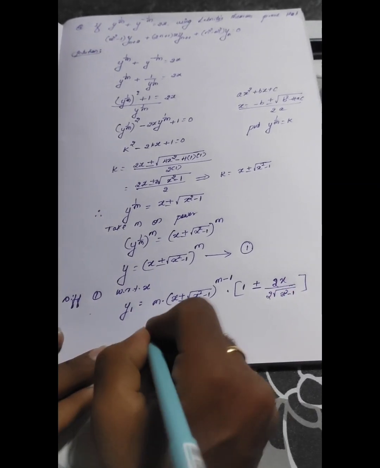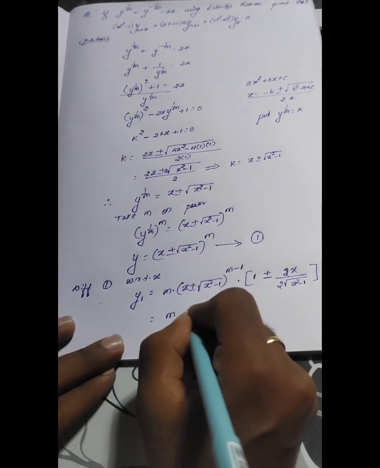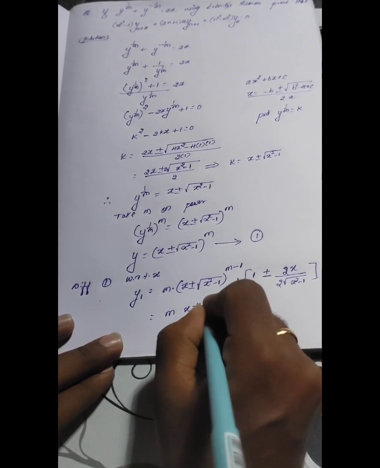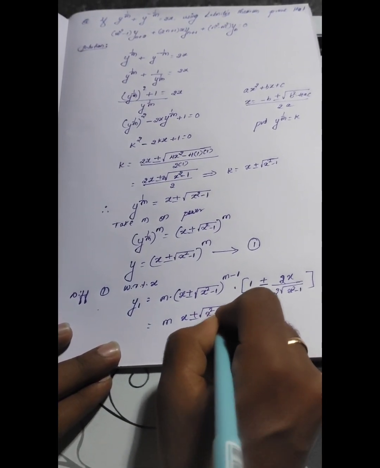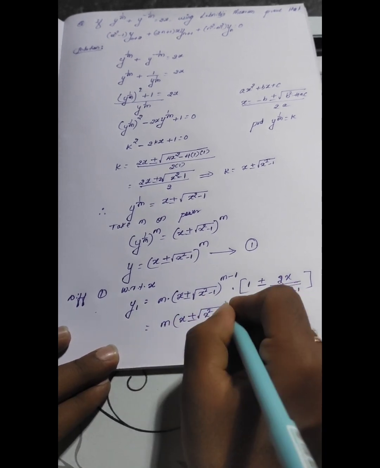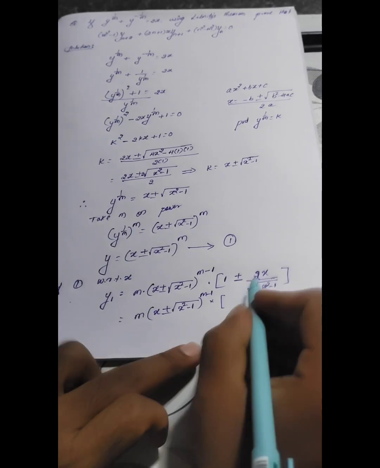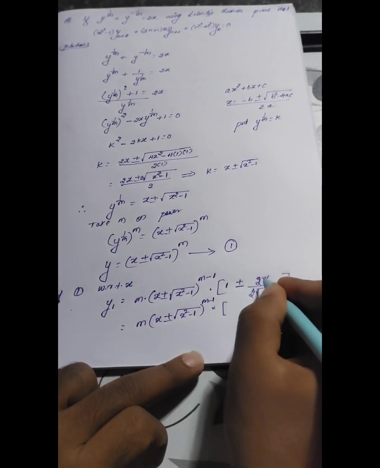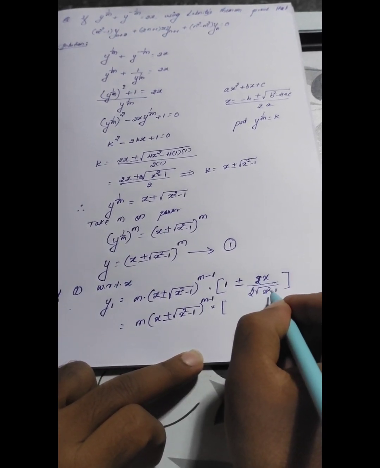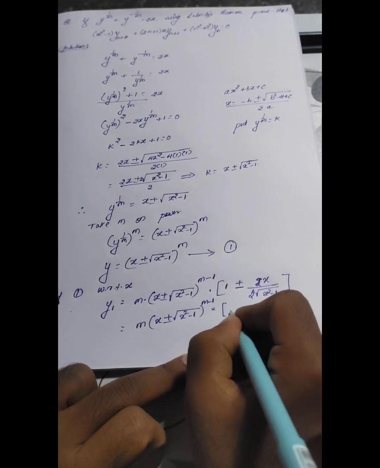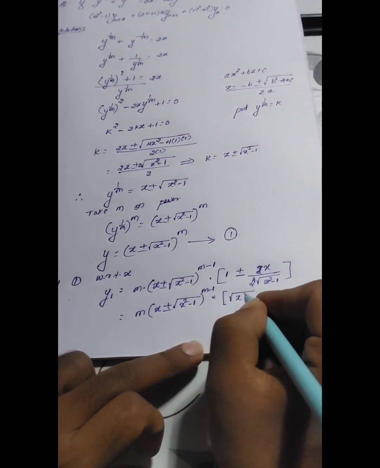So that will be equal to m into (x plus or minus root of x square minus 1) raised to m minus 1, into, this 2 and this 2 can be cancelled. So cross multiply the x square minus 1 here.